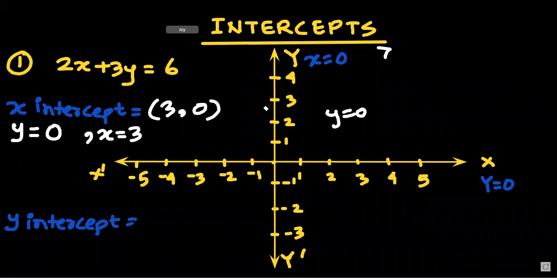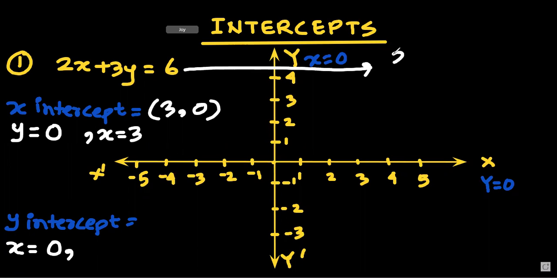Now we need to find the y-intercept. Sorry, the x-intercept has already been found. For the y-intercept, do the opposite thing. Plug in x equals 0 into the equation. So take the equation 2x plus 3y equals 6 and plug in x equals 0.